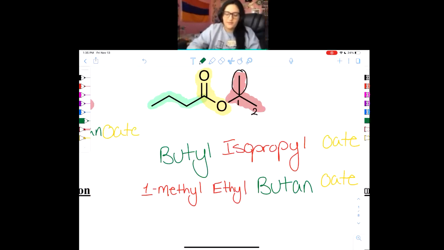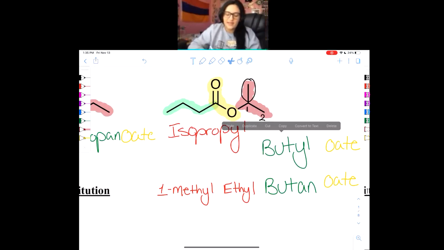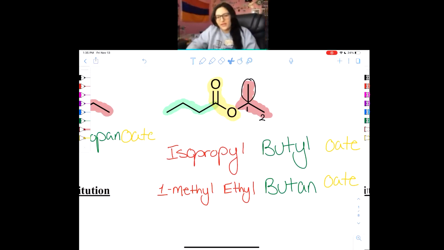And if we put the first one together, as you guys said, the red will go first because that is the side on the oxygen. And one more time, we know that it's not going to be -yl, so we're going to change the butyl to butan. So this can either be called isopropyl butanoate or 1-methylethyl butanoate.